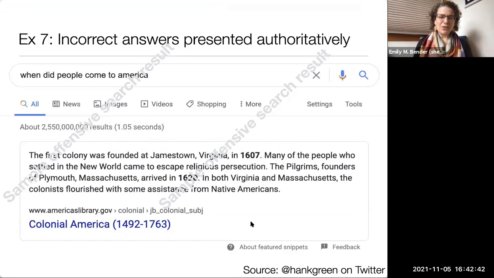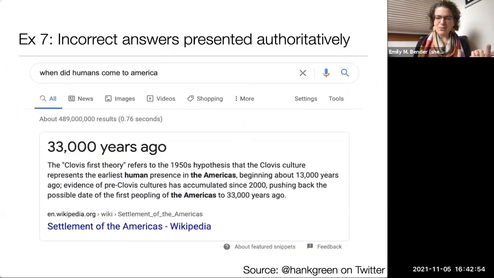You got this result that spoke as if people only refers to the settlers that started arriving in the early 1600s. At the same time, if you ask the question as when did humans come to America, you got an answer that still is definitely within a Western view of what's going on with people in the Americas, but I think is at least a more appropriate answer than the previous one.